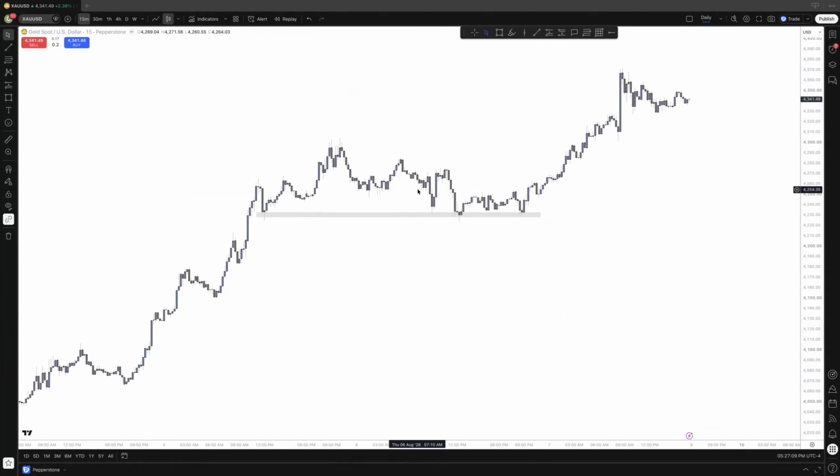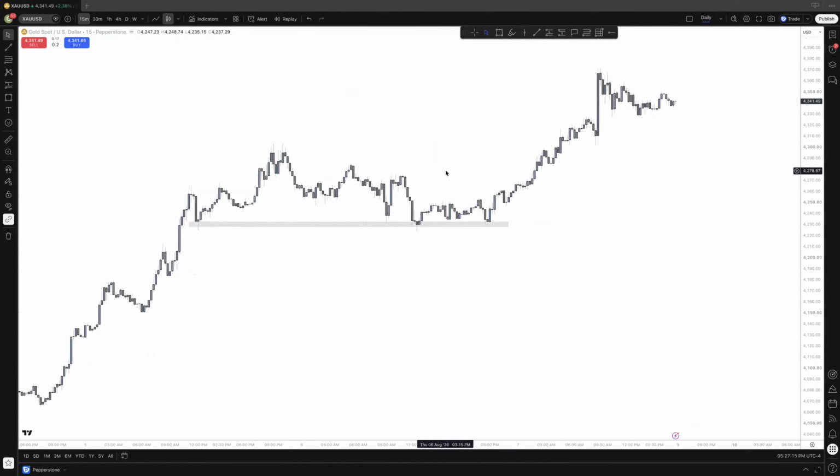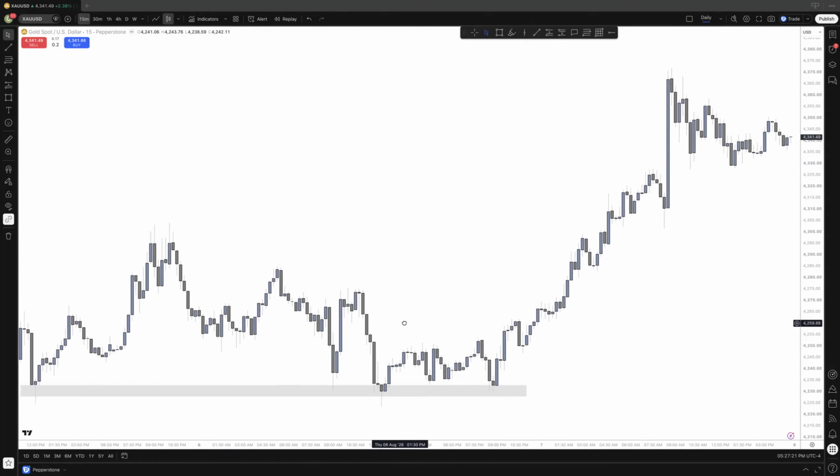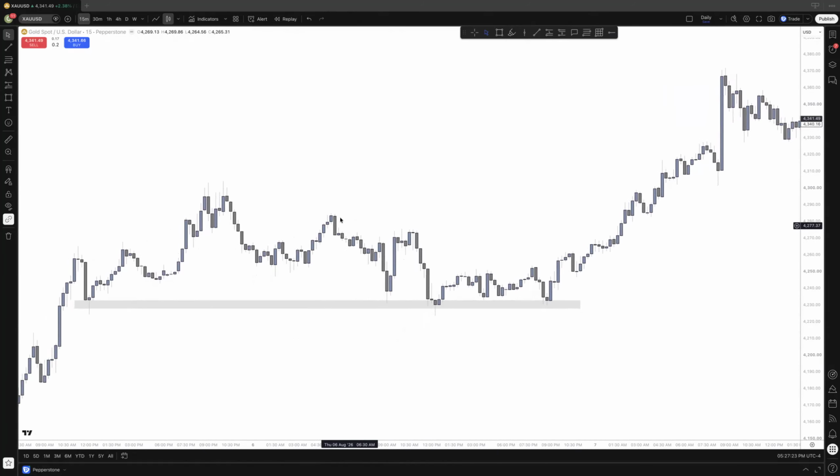But I digress. So here's how I was seeing it again. Once I saw this in here, and I saw how strong this was, as well as the fact that we didn't get any closes above the wicks. So we're looking at this wick here.